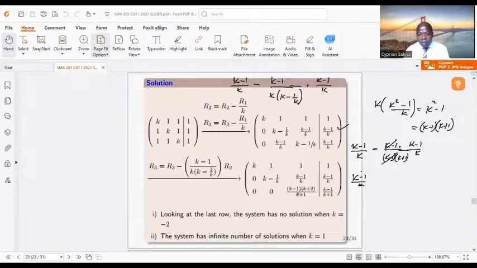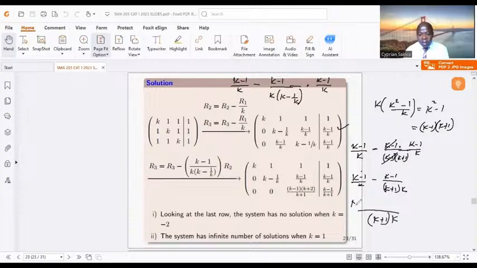This k minus 1 out of k, then minus k minus 1 out of k plus 1 followed by k. So what is the LCM? k plus 1 out of k is the LCM. This goes here k plus 1 times.